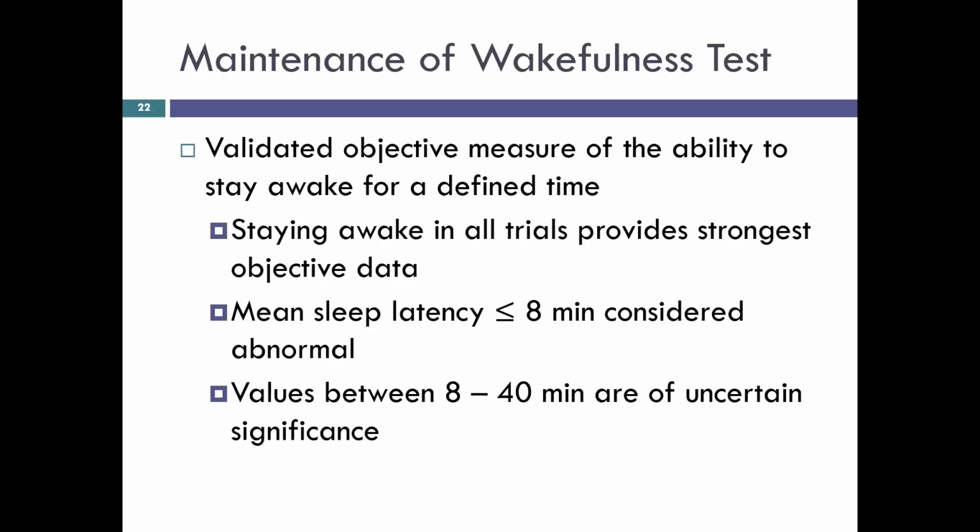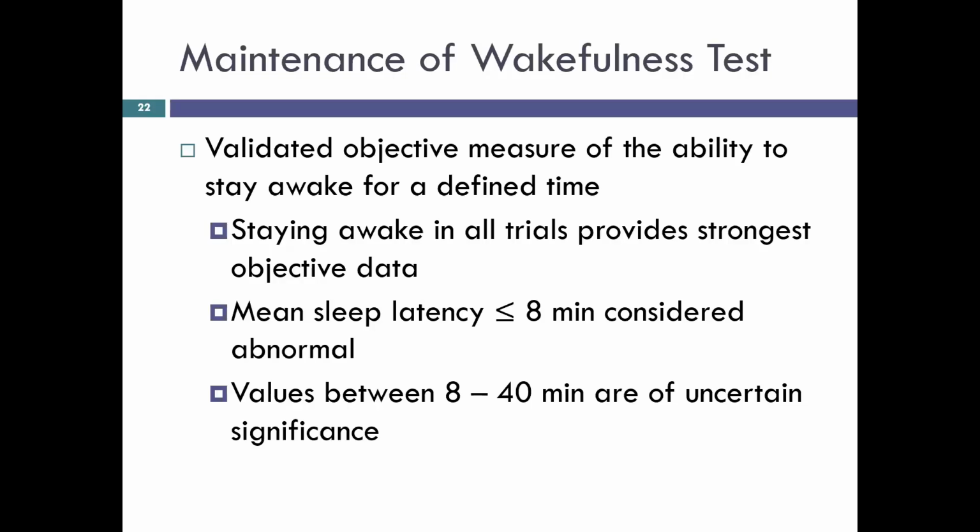The problem with the MWT is it hasn't been as validated as the MSLT, whereas with the MSLT we have very set standards, like this is what this means, this is what that means, and a mean sleep latency of this means this. The MWT, we don't really have that. It's just more that if the patient was able to stay awake across all 4 trials, we know the patient's good.